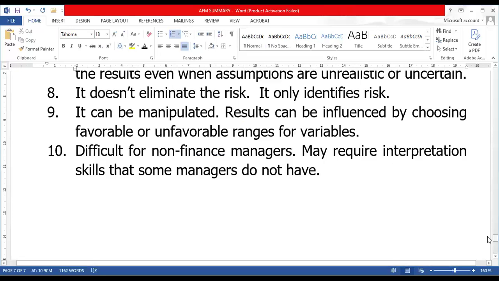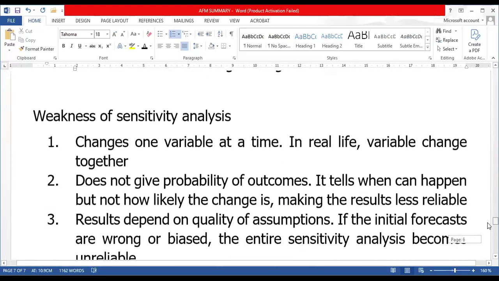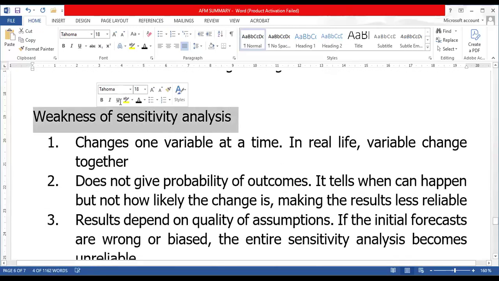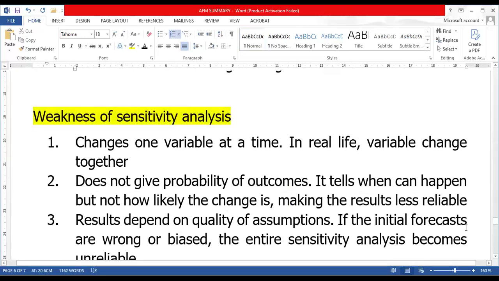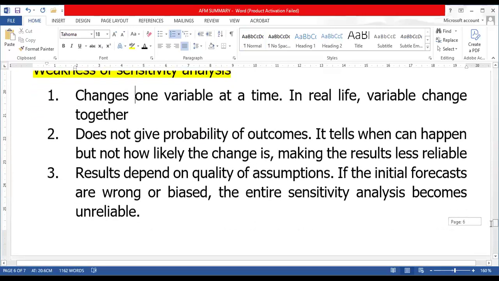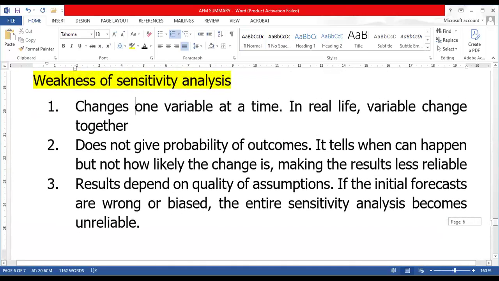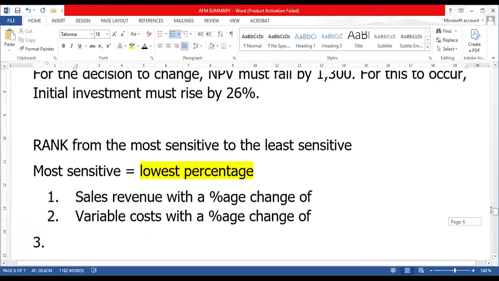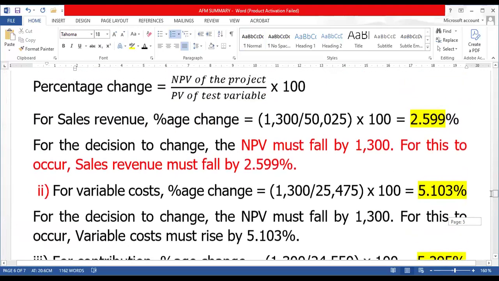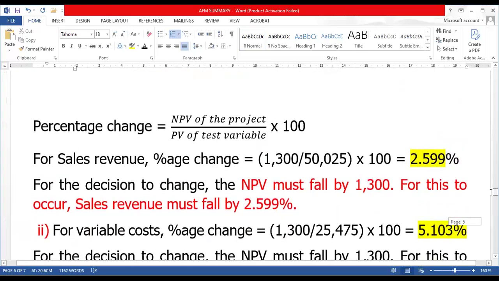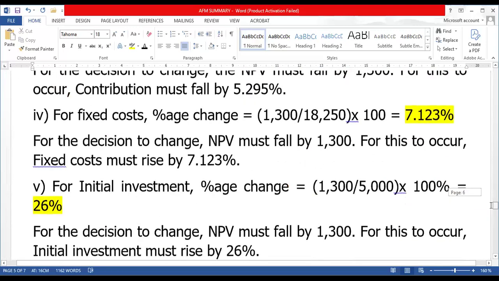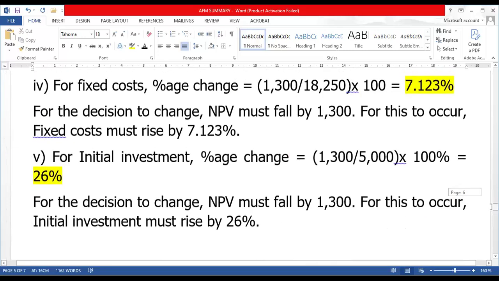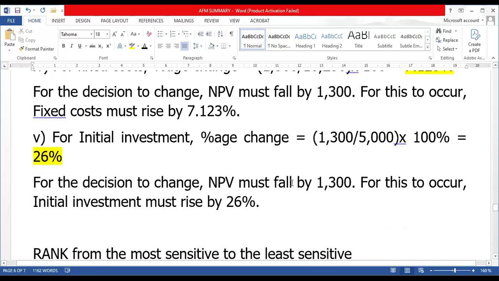Excuse me, sir. Yes. When we go back to when you said it depends on the NPV of the project when commenting, does it mean that, for example, if they told us initially the project has a positive NPV, if we had to comment, like, for example, let me use initial investment, if the NPV was negative, we are supposed to say that in order for the decision to change, the NPV must rise by that amount.